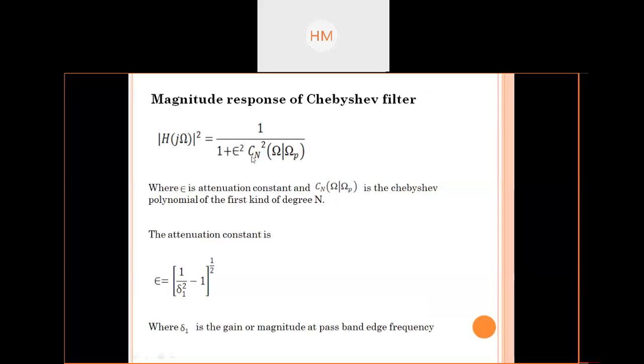Write down these steps, where epsilon is the attenuation constant and Cn of omega upon omega p is a Chebyshev polynomial of the first kind of degree N.